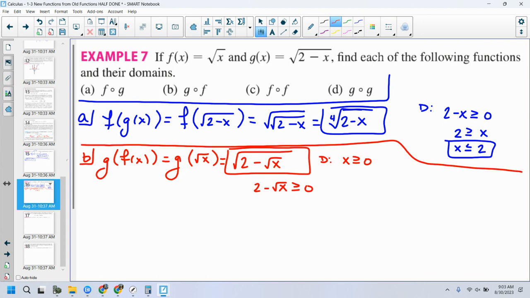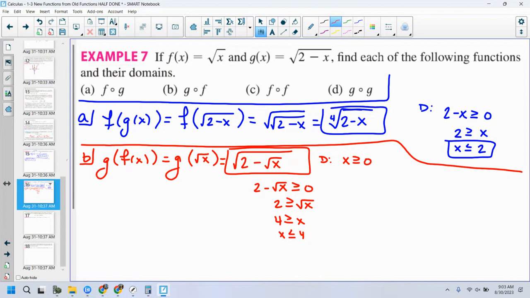Okay, well, let's add the radical x over to the other side. Square the opposite side. Okay, so now x has to be less than or equal to 4, but still greater than or equal to 0.